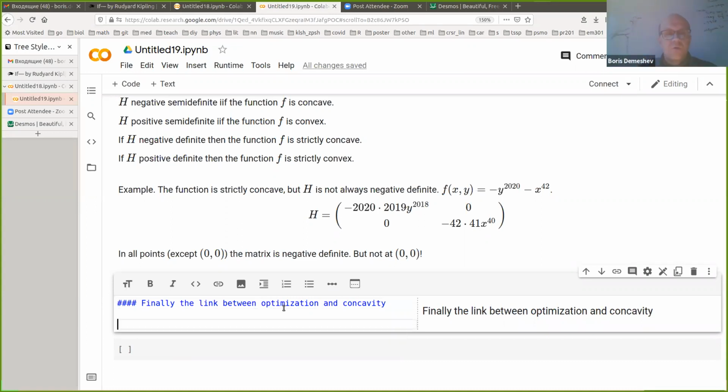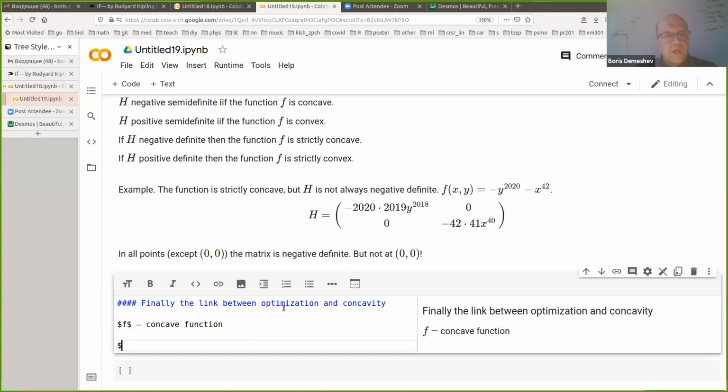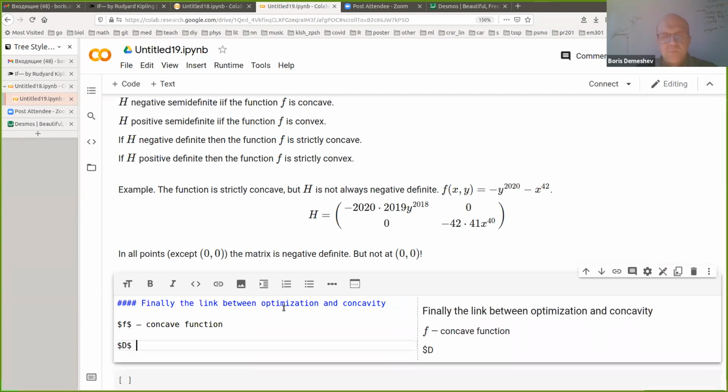Okay, so let's imagine that f is a concave function. What else? D will be a convex set.